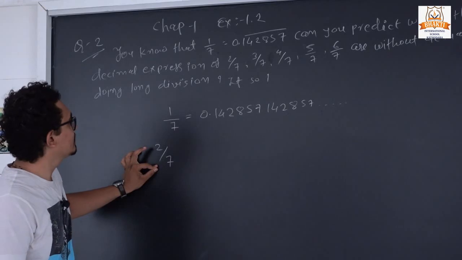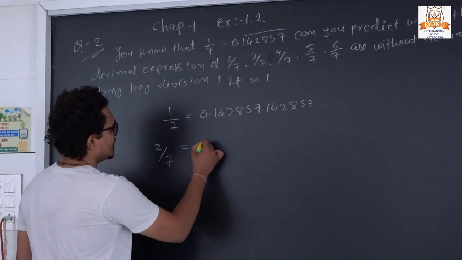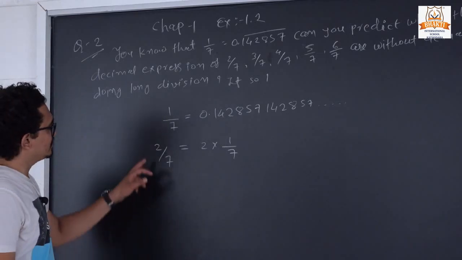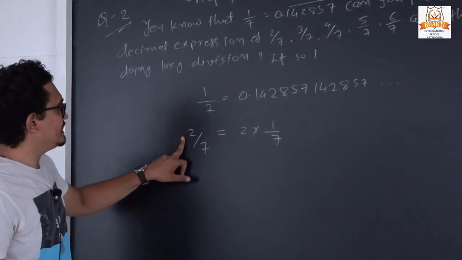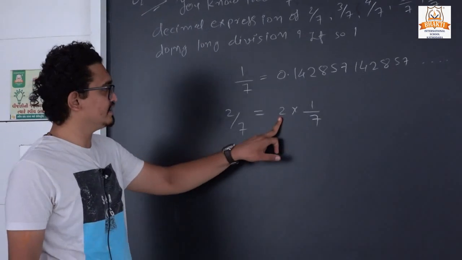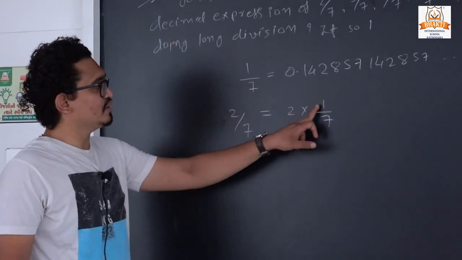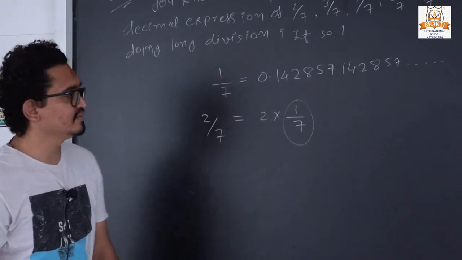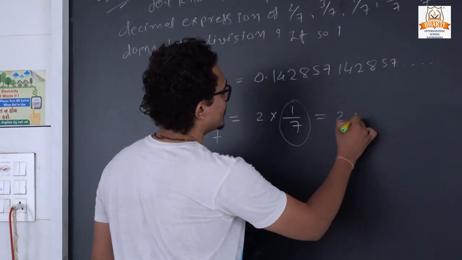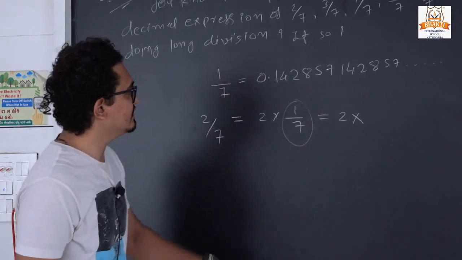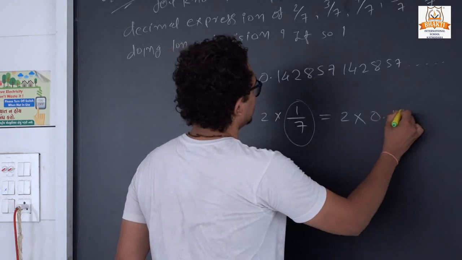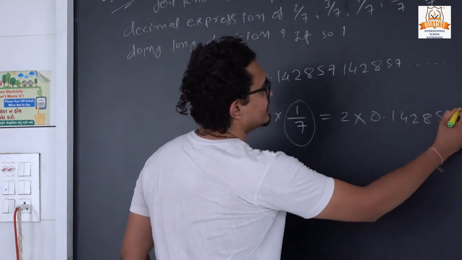So here we can write 2 into 1 by 7, because in the numerator we can clearly see that 2 ones are 2. We already know the value of 1 by 7, so we can write 2 into 0.142857.